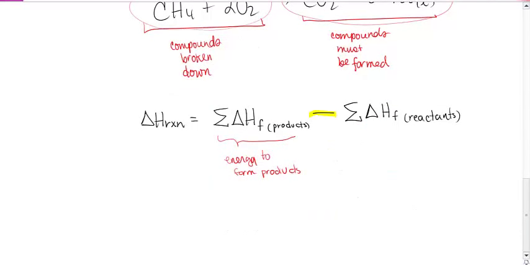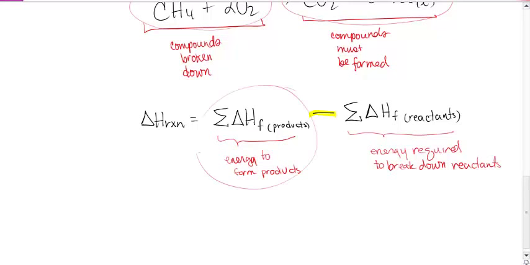The formula remembers it for us. So this is the energy required to break down the reactants. We have energy for forming the products, and then we have to get rid of the energy required to break down the reactants. The difference between them is our heat of reaction.